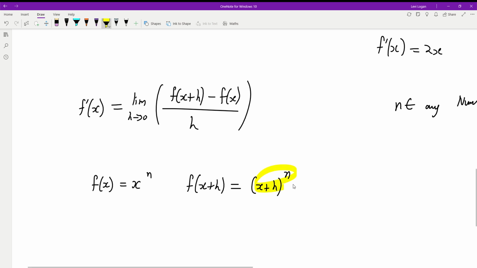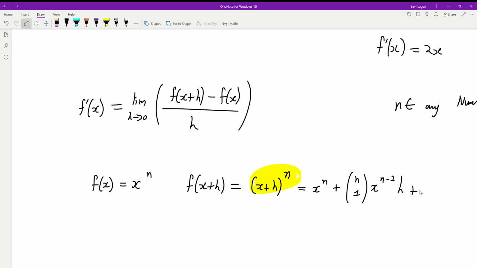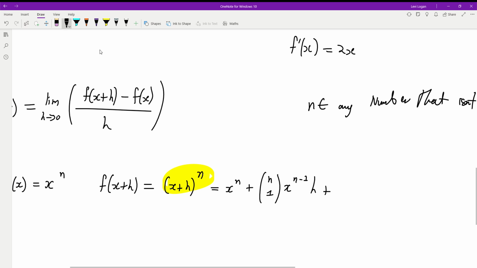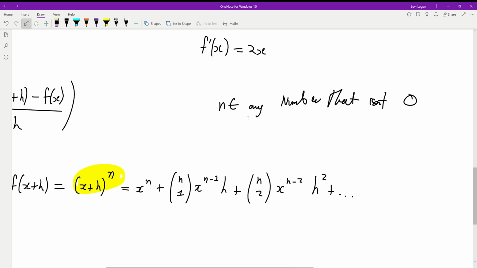Now we're going to expand this using the binomial theorem. If we expand this using the binomial theorem, we're going to get x to the n plus n choose 1 multiplied by x to the power of n minus 1 times h, plus n choose 2 times x to the power of n minus 2 times h squared, and that goes on, and we just keep increasing those powers until eventually we get to plus h to the n.